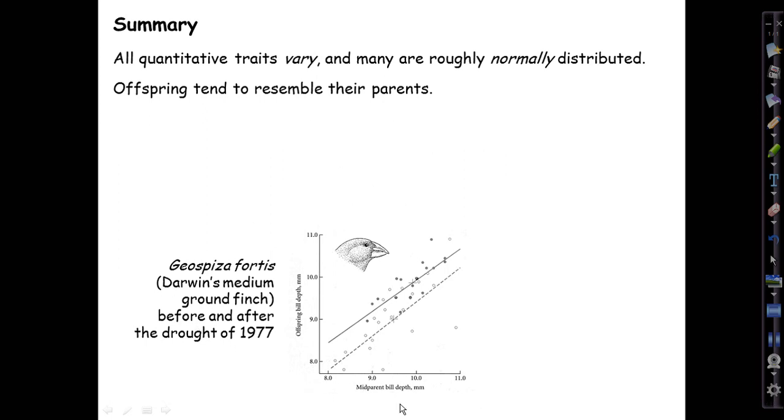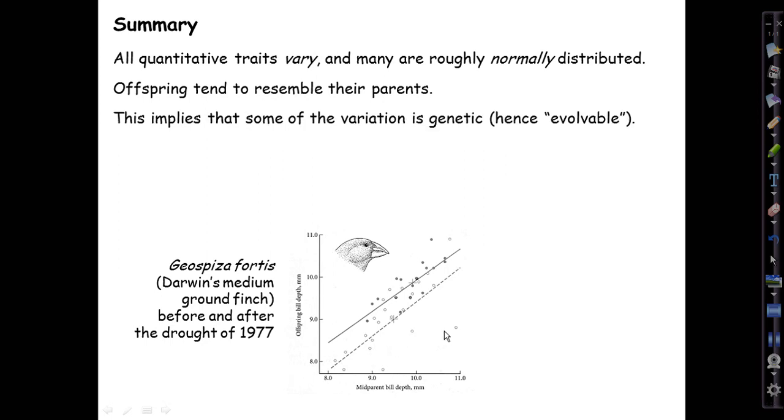Here's a graph of mid-parent beak depth on the x-axis in millimeters versus offspring bill depth on the y-axis in Darwin's medium ground finch, which we saw cartoons of at the beginning, for two separate samples on the same island with the same population before and after a big drought in 1977 that selected for larger body size and beak dimensions.